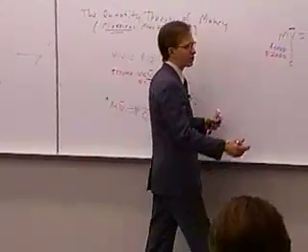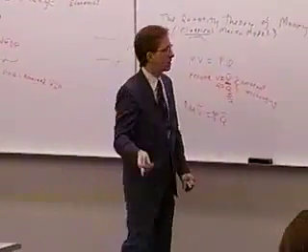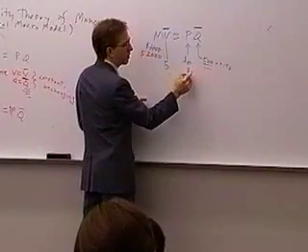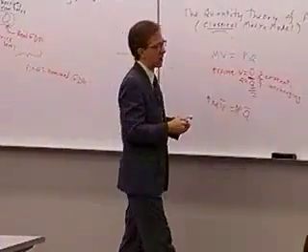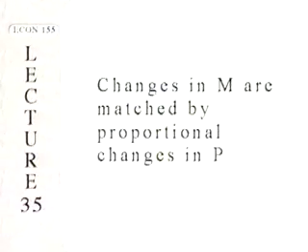And if there's $10,000 worth of spending and there's still only 500 units of goods and services to buy, then each one of those must cost $20 per unit. So here's the conclusion that the classical economists came up with: changes in the money supply are matched by proportional changes in P, the price level.